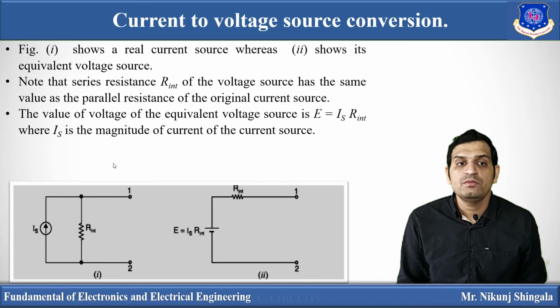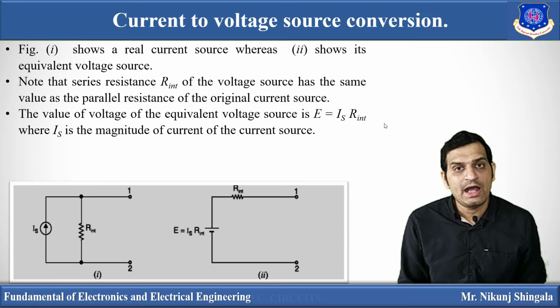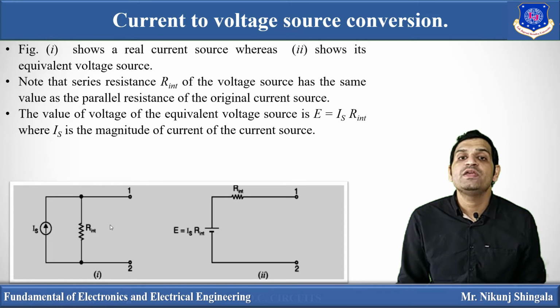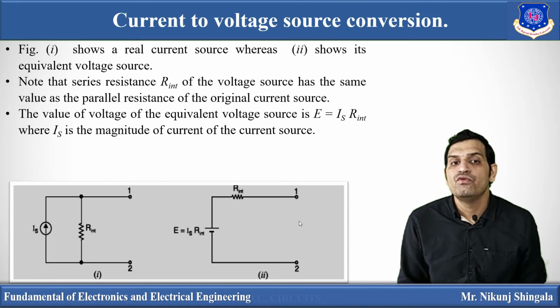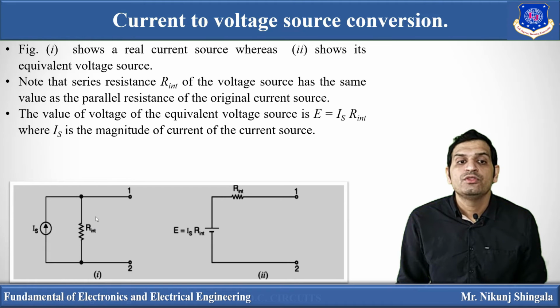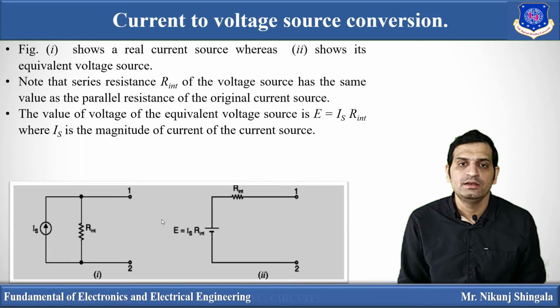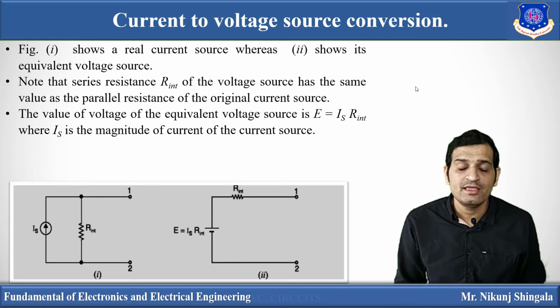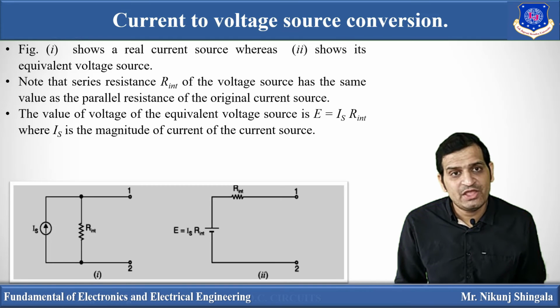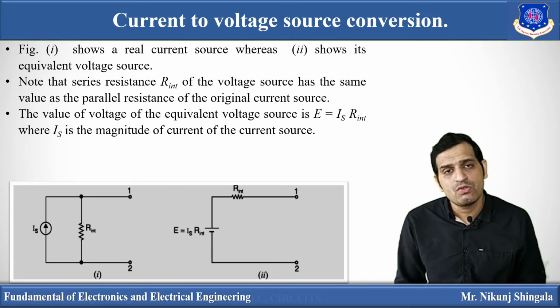So the equation becomes E is equal to Is into R internal. This is how we can convert a current source into a voltage source, and here also the resistance in both cases is equal, that is R internal. So basically the source conversion technique is used to reduce circuit complexity. This is the network simplification technique: voltage source to current source conversion, and current source to voltage source conversion.